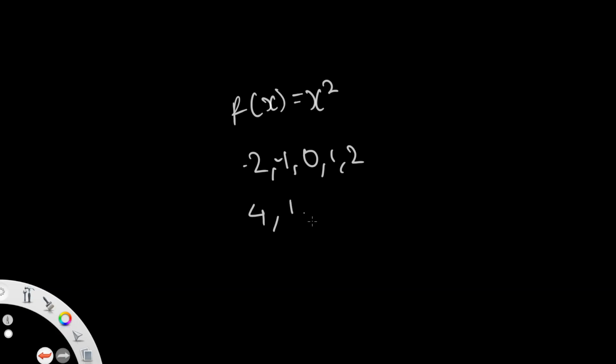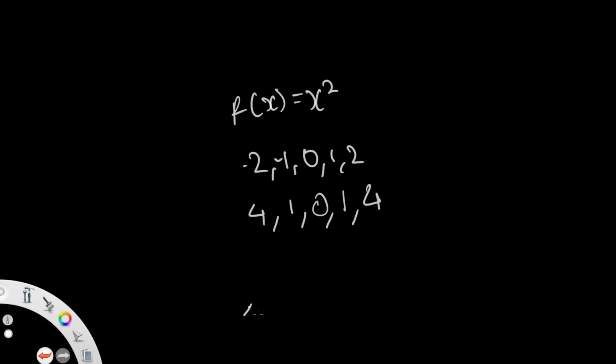Suppose we were told to graph f of x is equal to x squared. First we would take our test values, -2, -1, 0, 1, and 2. So -2 squared would give us 4, -1 squared would give us 1, 0 squared is 0, 1 squared is 1, 2 squared is 4.